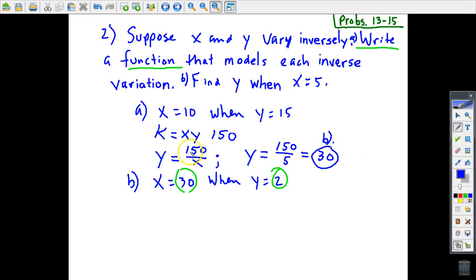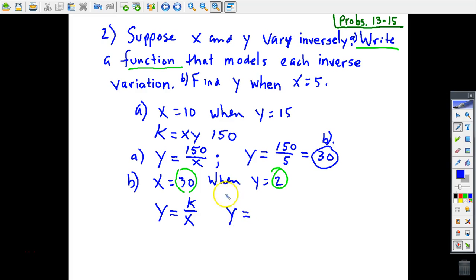I just want to point out that this is a two-part answer. I want you to come up with the function in general, and then part B is to use the function for the given value for x. Okay, letter B, same type of deal. We're going to write an inverse variation function, so I'm going to write this out again so you'll keep seeing it over and over. This is what inverse variation looks like.